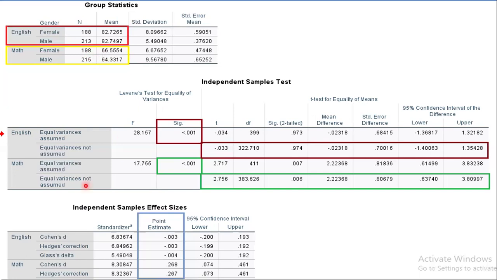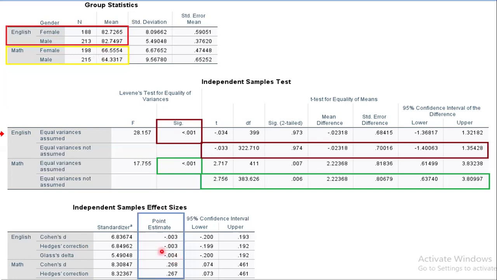So in case of mathematics, our null hypothesis is rejected, but in case of English, we fail to reject the null hypothesis. So this is the way we can interpret our data, in the same way that we have done in the previous example. Here you can see the point estimate of effect size that indicates a very small effect.